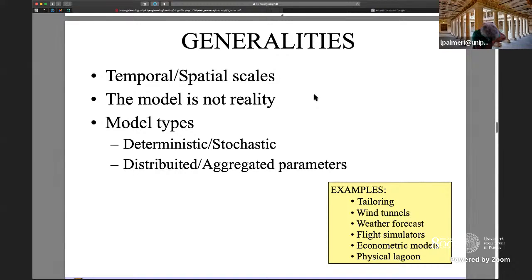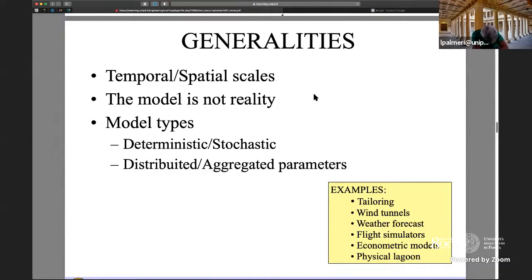Another example of a model is flight simulators. I don't know how many of you have ever played flight simulator games. A flight simulator game is nothing more than a mathematical model describing the process of an airplane flying in the air.